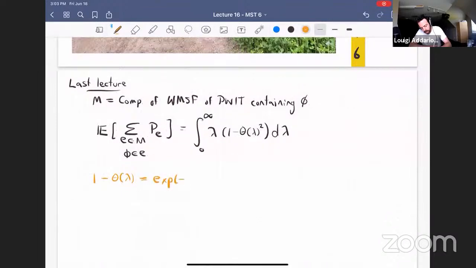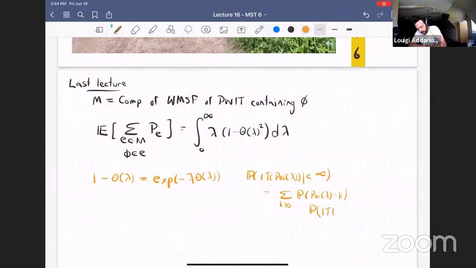So this satisfied the identity e to the minus (1 minus theta) equals e to the minus lambda theta, and that's just derived by doing the one-step calculation, saying the probability that this Poisson tree is finite, you can write as a sum over k, the probability that the root has k children, times, and then if it has k children, then for the tree to be finite, all of those children have to have finite subtrees, so you get this same probability to the power k.